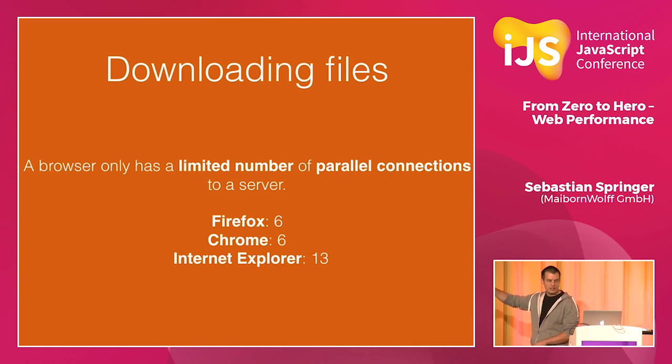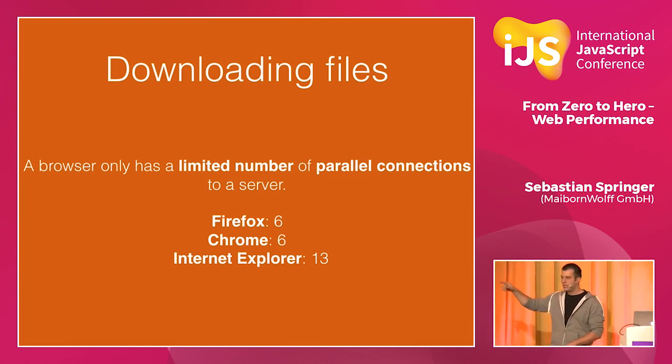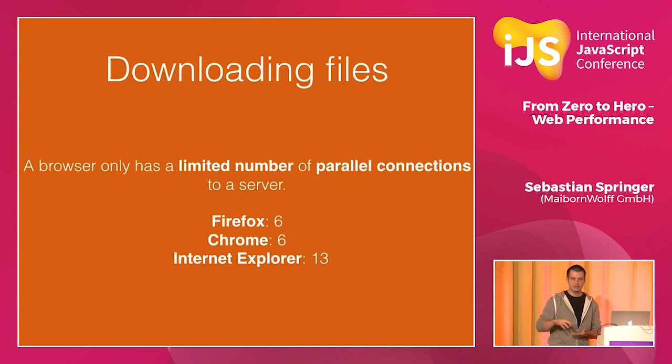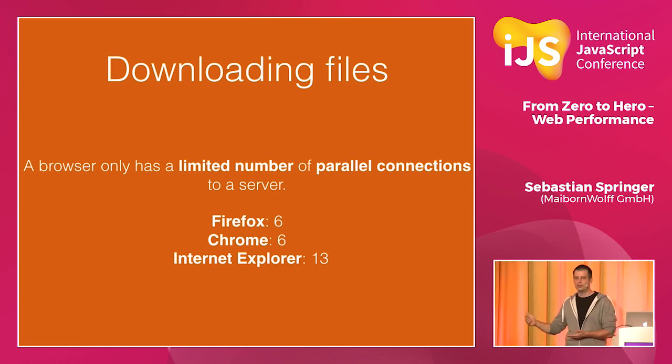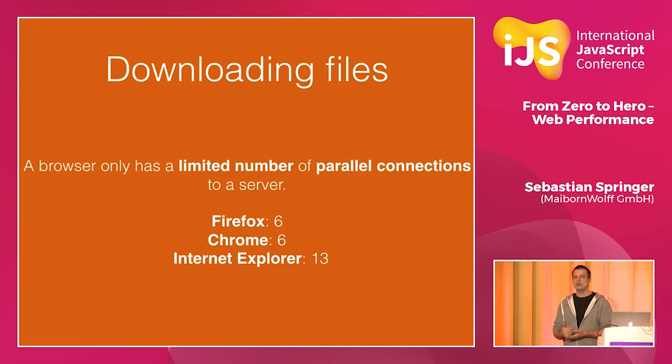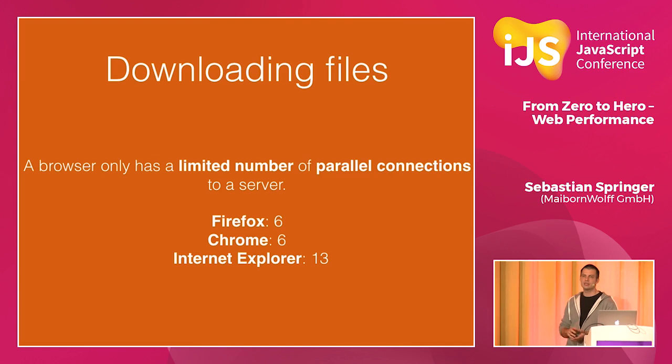And if you exceed that limit, the requests are blocking each other. So you can process the first 6 or 13 or whatever, then you can process the next and the next, and all the later downloads are just blocked. And your browser won't render a single pixel if there is not the complete HTML or CSS or JavaScript present in your page.